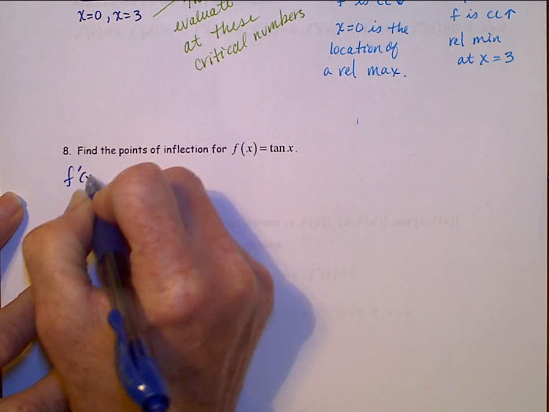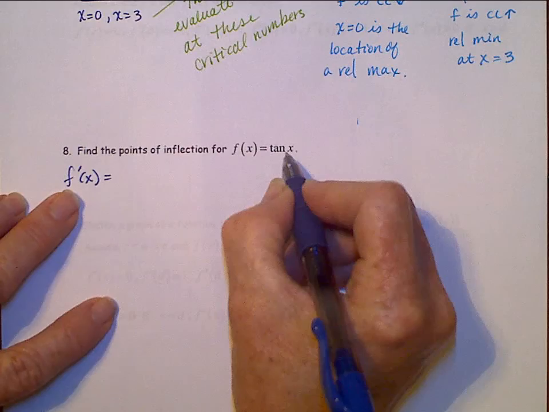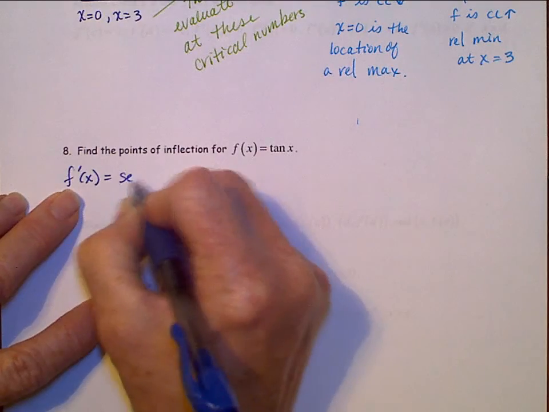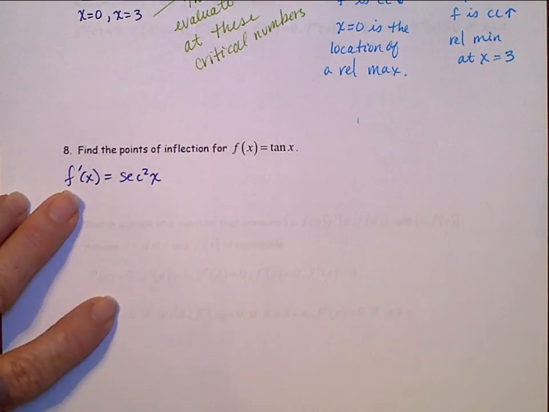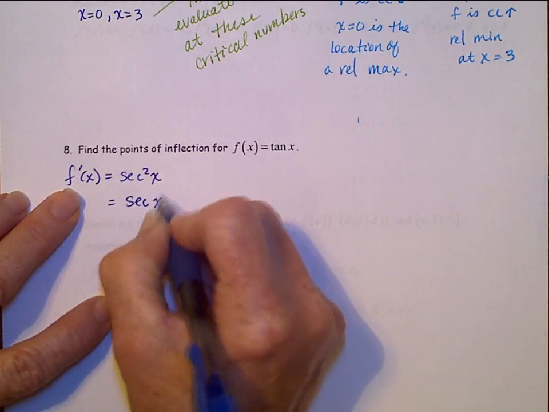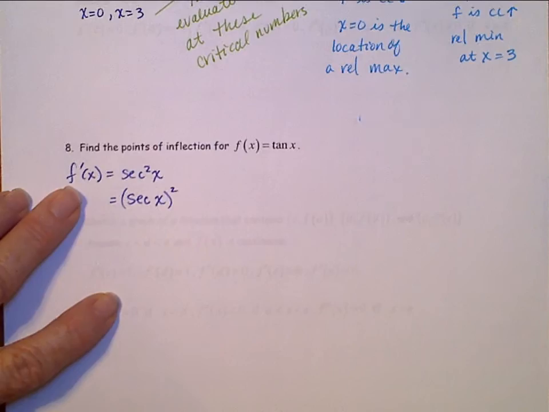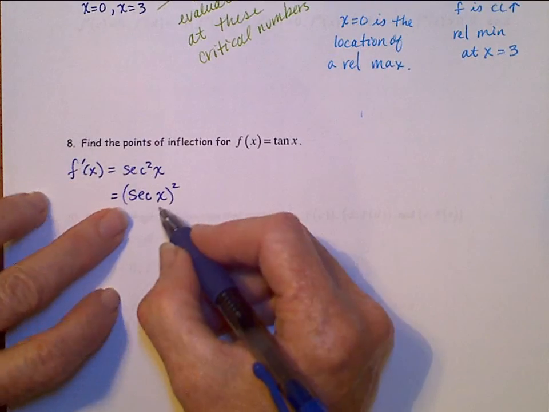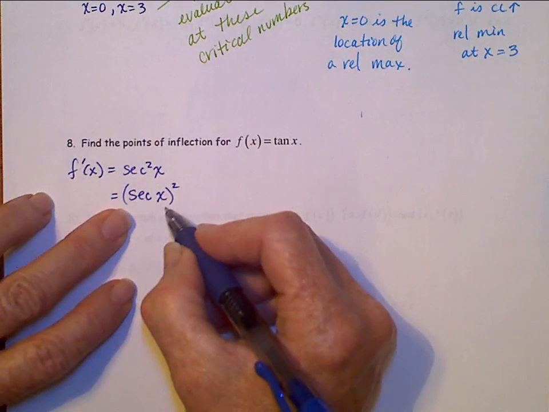F prime of x. The derivative of tangent is secant squared x. I'm going to rewrite it like this: secant of x squared, so that I can see to find the second derivative here.